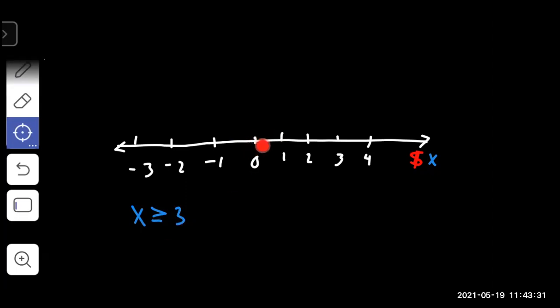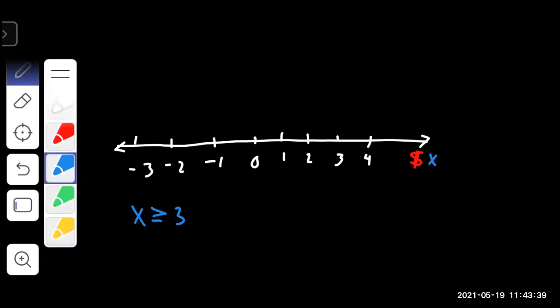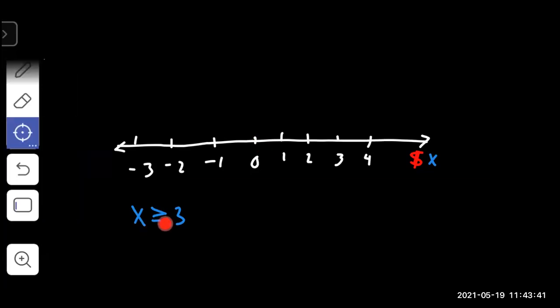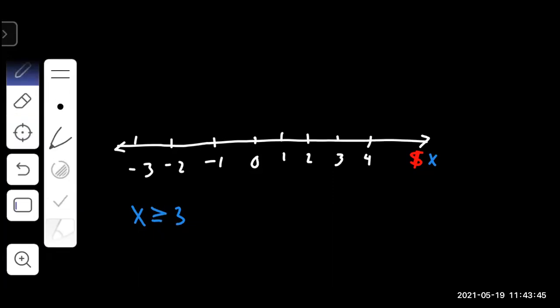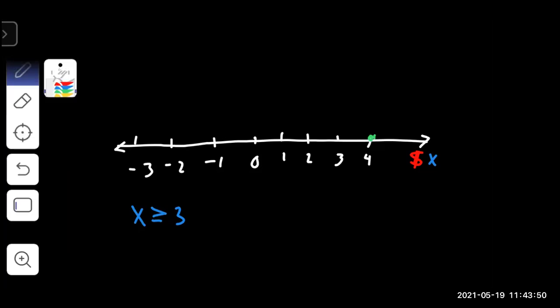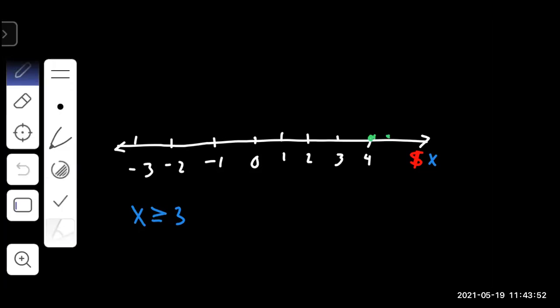If I set this value here to 0, am I respecting the condition? No, I don't think so, right? Because this is telling you clearly, X greater than 3. You can take, guys, $4. That's okay. Can you take $4.5 here in the middle?